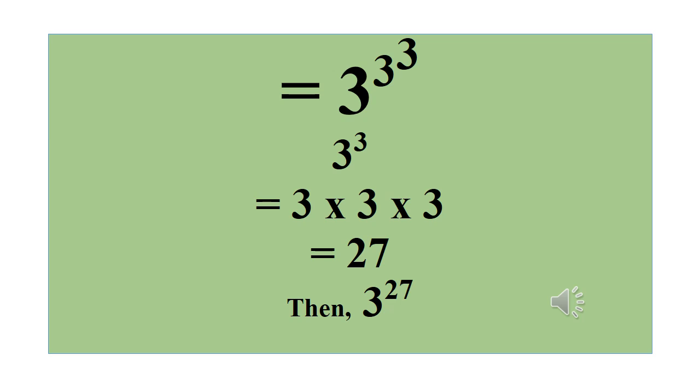That's 3 in 3 places, which will give us 27. Then we will now take the base, which is 3 raised to 27. Then which means we have 3 in 27 places.